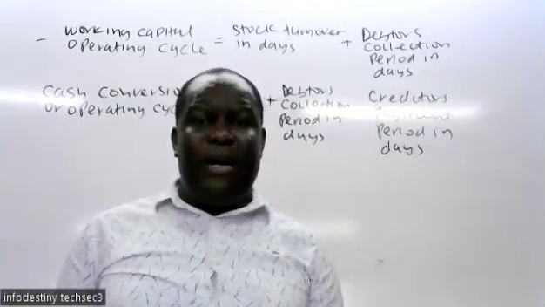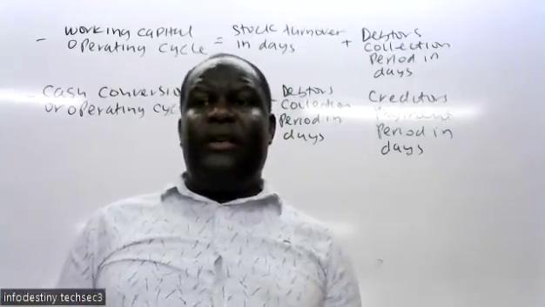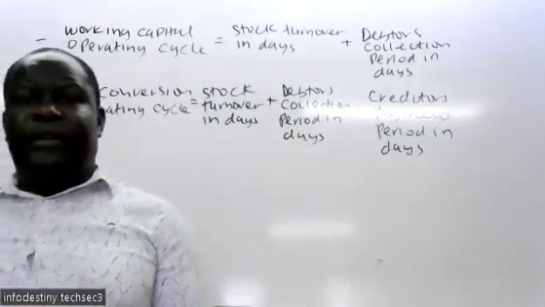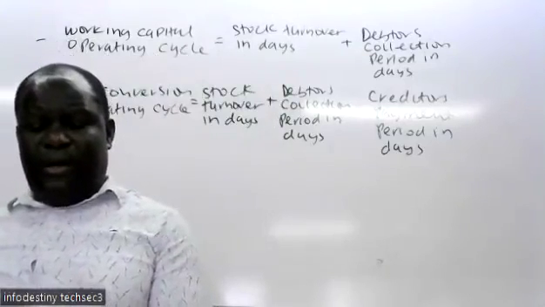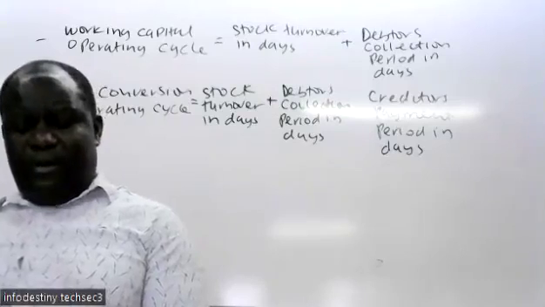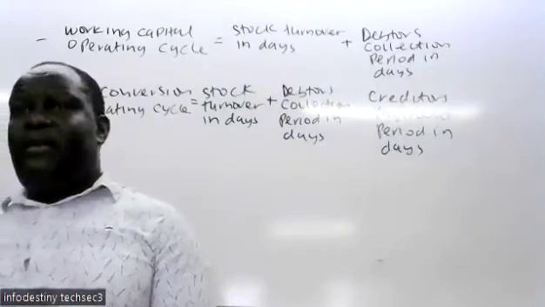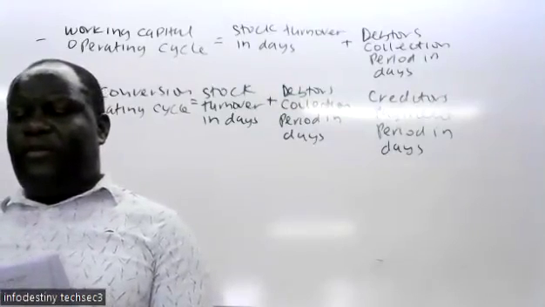So they gave you the items, beginning and also ending. They gave you the inventory, accounts receivable, accounts payable, and also the net sales. Then you are also given the cost of goods sold.